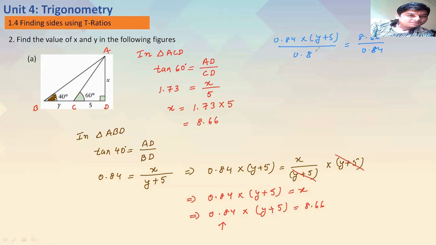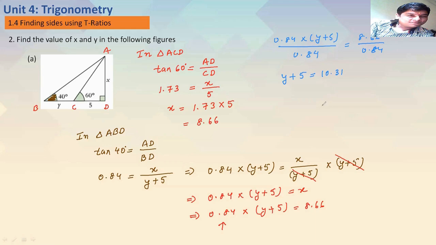So 8.66 divided by 0.84 is 10.31. Y plus 5 is equal to 10.31. Right? 8.66 divided by, just a second, 0.84.